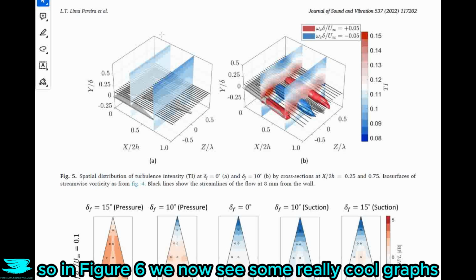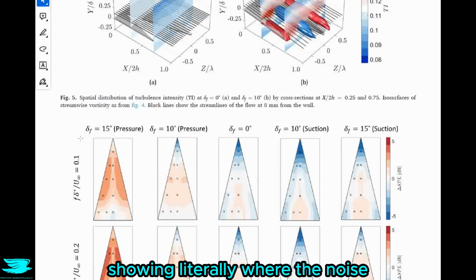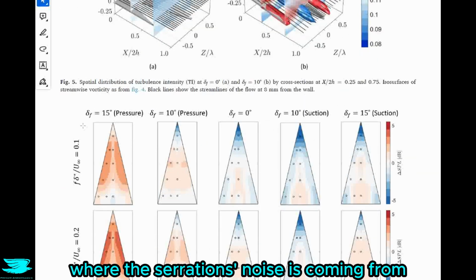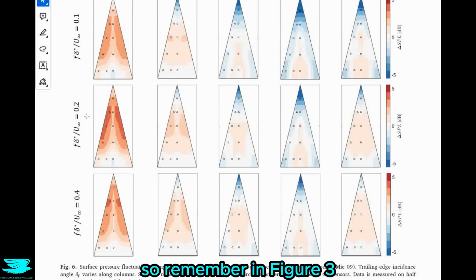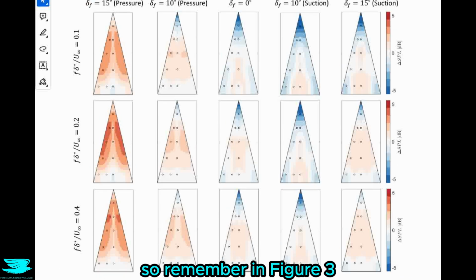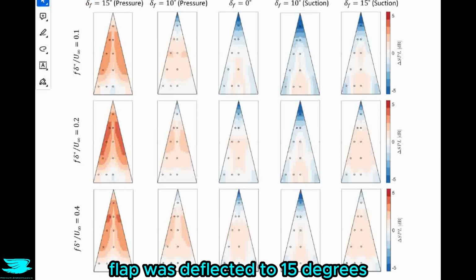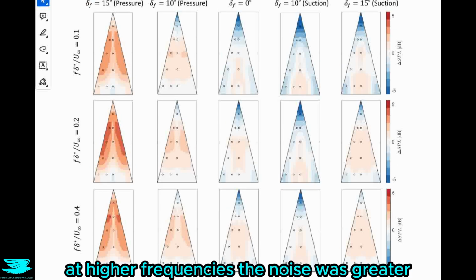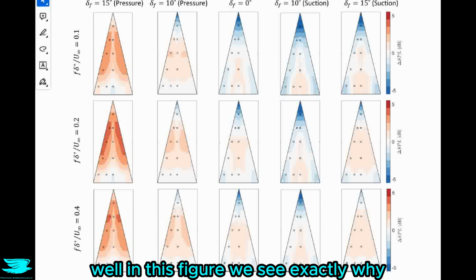So in figure 6, we now see some really cool graphs showing literally where the serrations noise is coming from. So remember in figure 3, we saw that when the flap was deflected to 15 degrees, at higher frequencies, the noise was greater. Well, in this figure, we see exactly why now.